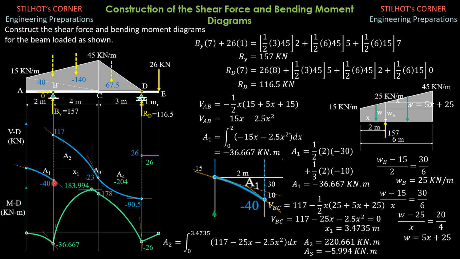Another way of checking that this area 1 is indeed negative 36.667, that's the moment just to the left of B. So you consider this load, the positive moment is counterclockwise, assume positive. So moment at B just to the left plus the moment of this rectangular load, which is 15 times 2 times 1.